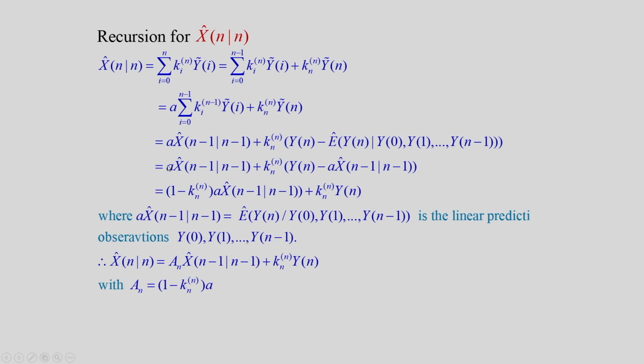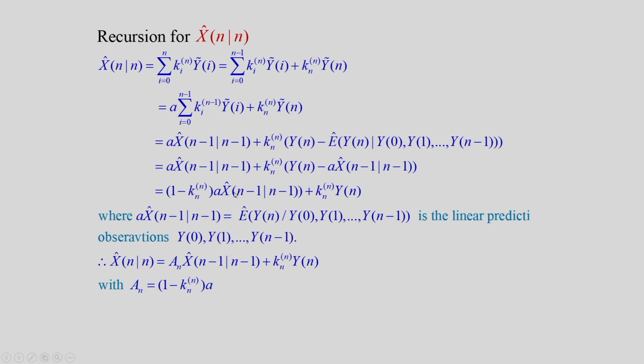So, this is the relationship we obtain, that is, the current estimator is related to the previous estimator. And if we take out this x̂(n-1|n-1) here, we can write (1 - k_n(n)) a times x̂(n-1|n-1) plus k_n(n) times y(n). So, that way this is the recursive relationship.